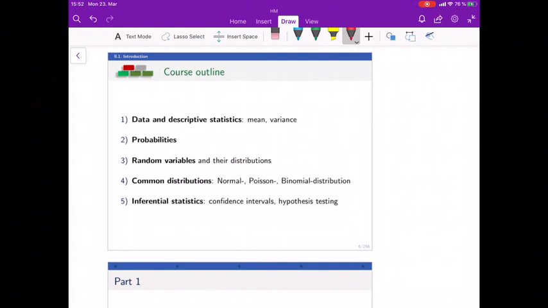In number 4, we need all the distributions, because every statistical model has to follow a certain distribution, and depending on what we work on, that's going to be different. And then the 5th lecture, the last one, we're going to define confidence intervals and do some hypothesis testing. And then we're pretty well set up with basic statistics for everything that we need in quality management.